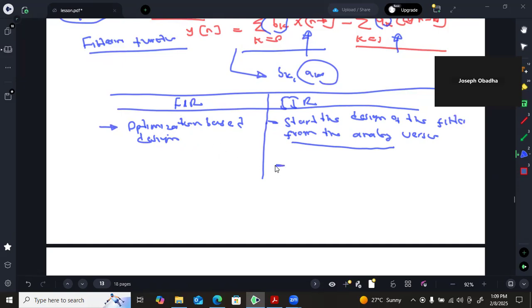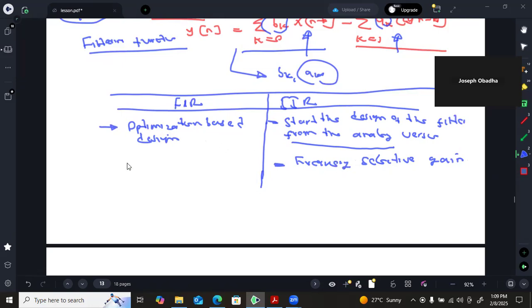The IIR filter is also mainly used to block or allow certain frequencies to pass through the system. So we can talk of frequency selective gain. Frequency selective gain means it is mainly used to choose which frequencies will pass through the filter.